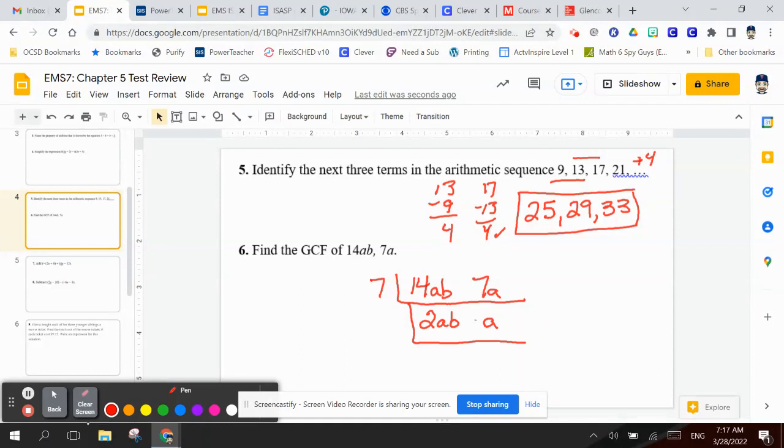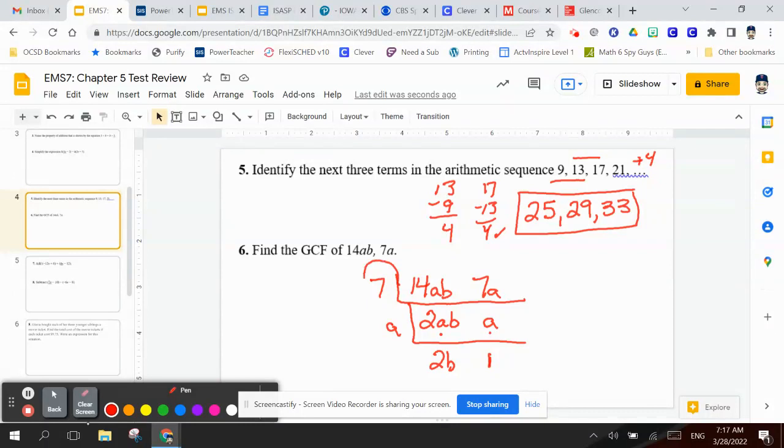Is there a common factor here? Yes, they both have the letter a, so a goes on the outside. What can I multiply by a to get 2ab? That would be 2b. And a divided by a is just 1. So 1 and 2b, the only common factor there is 1, so that means we're finished.